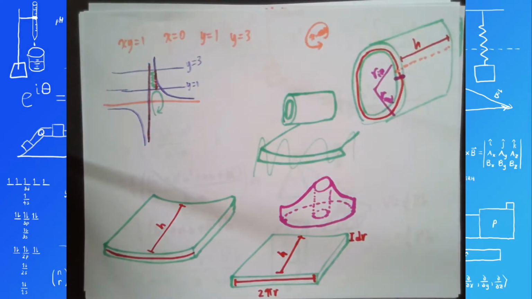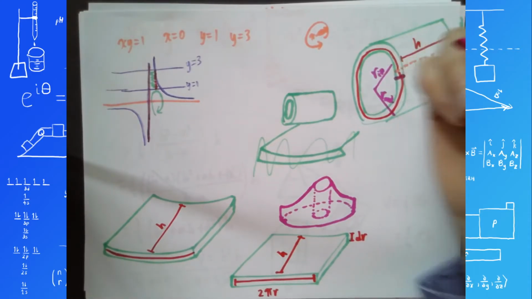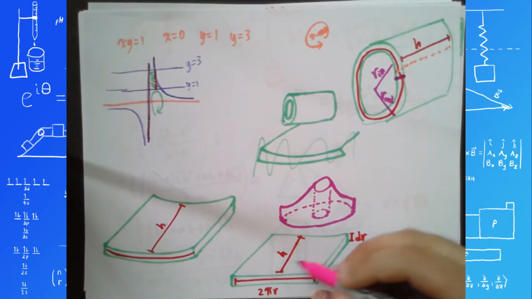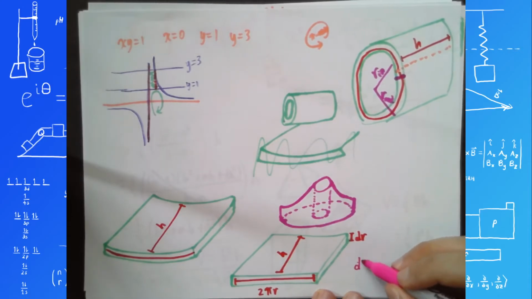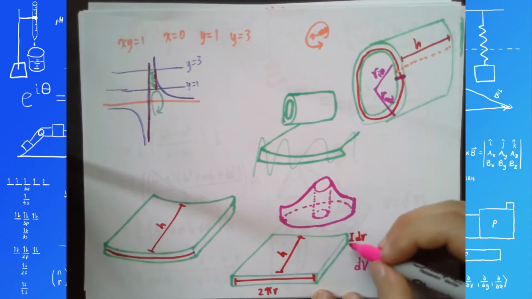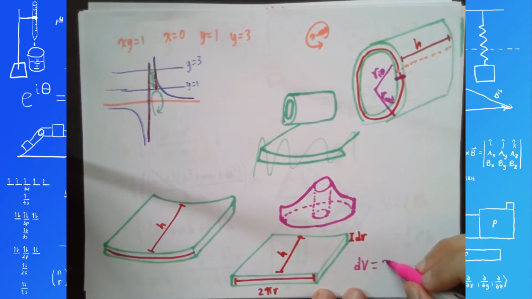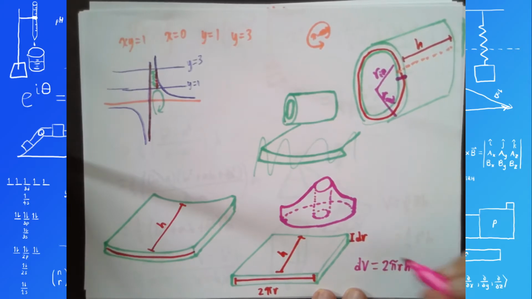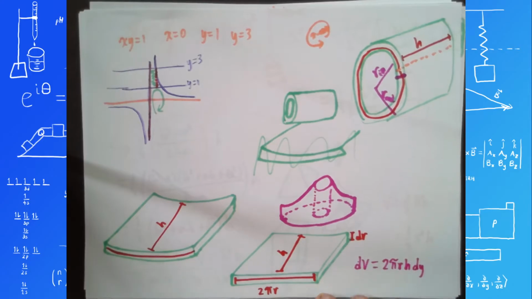Y measures your distance from the x-axis, so this dr, in the case of our problem specifically, is going to be a dy. Okay, so the volume of this thing, dV, is going to be length times width times height, which is 2 pi r h times dr, which in this case is going to be dy.